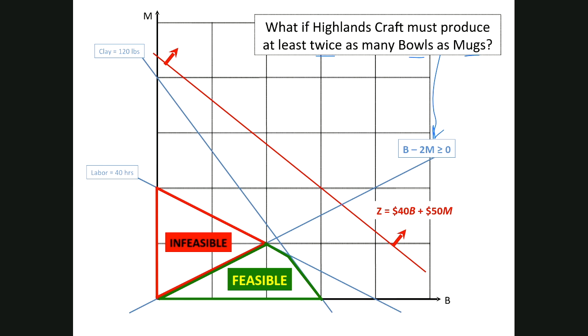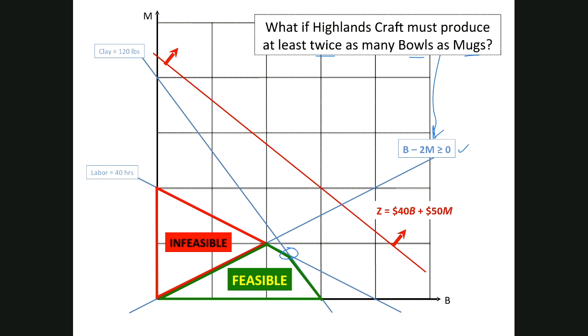This is the new constraint, and it turns out that the feasible region now is below this triangle once you add the constraint in. And if you might imagine, you'll notice that the optimal solution lies right at this point.